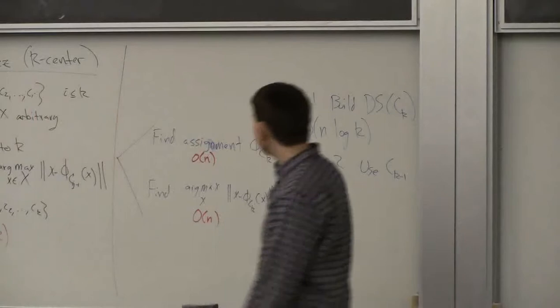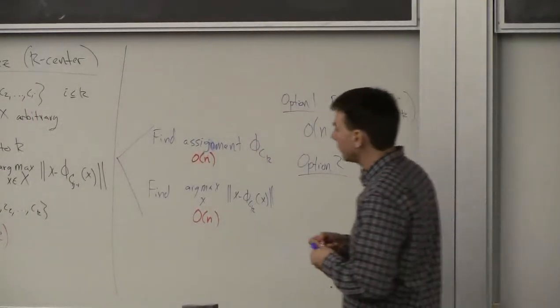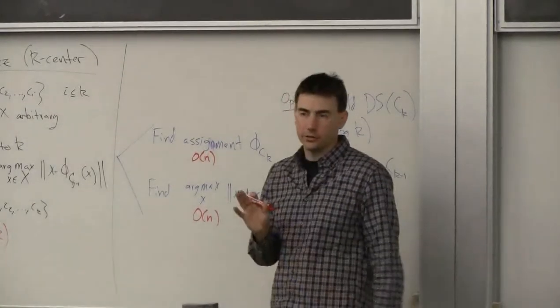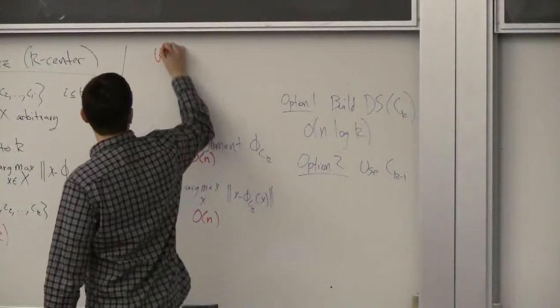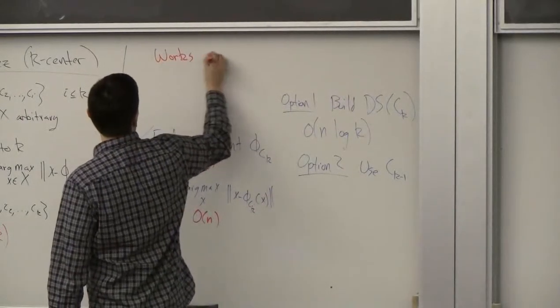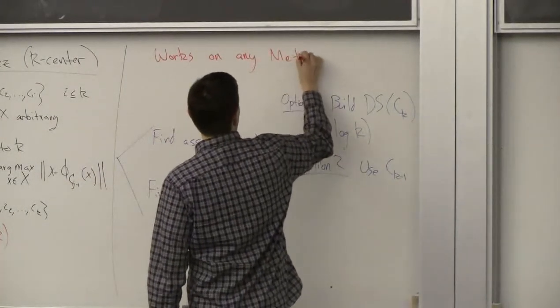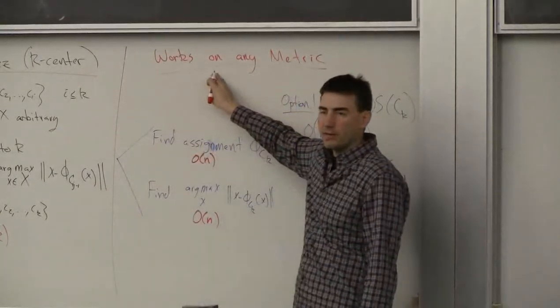Okay. The one other thing I want to mention here, in contrast to some properties with K-means we'll see, is that this works on any metric, right?